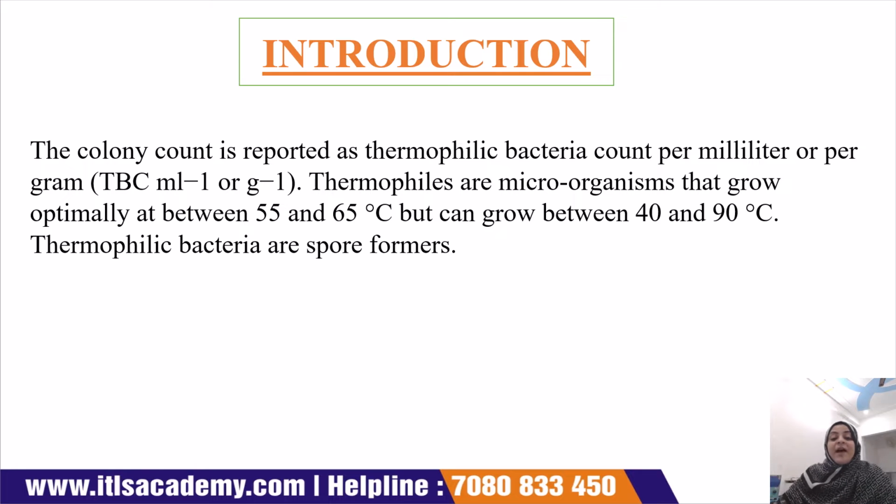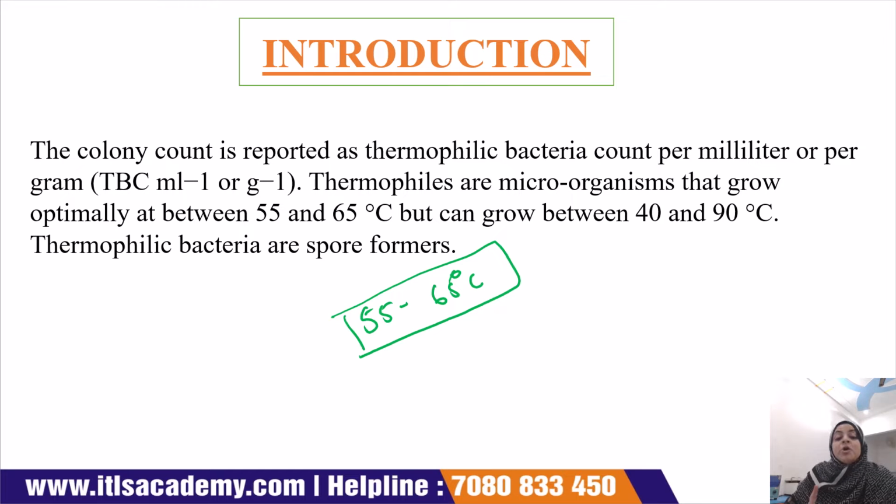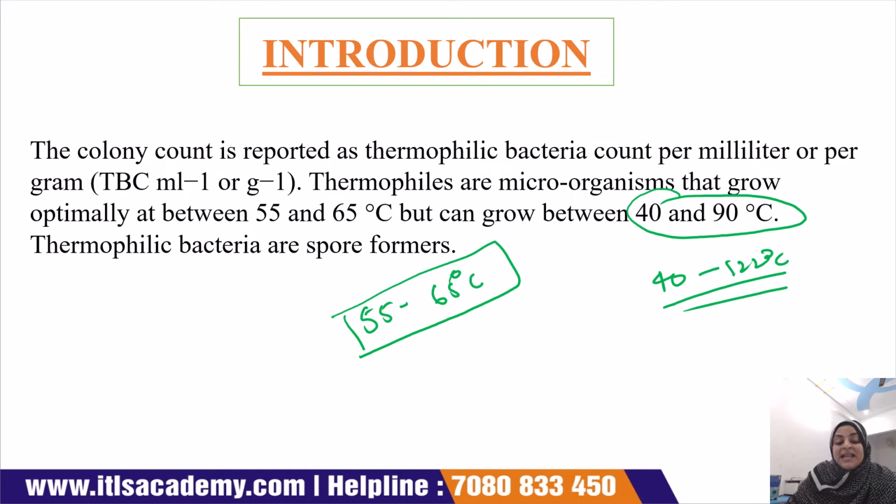These thermophilic microorganisms can grow optimally within a temperature range of 50 to 65 degrees Celsius. Optimally, they grow between 55 and 65 degrees Celsius, which means that at that temperature the growth of the bacteria is very high. But they can also grow between 40 to 90 degrees Celsius or 40 to 122 degrees Celsius.